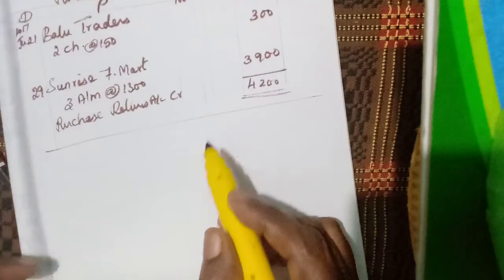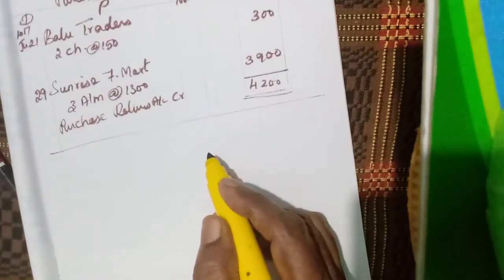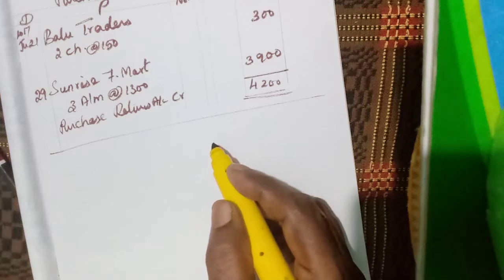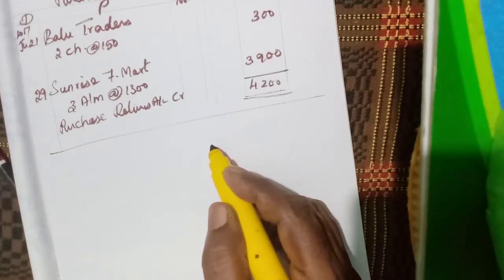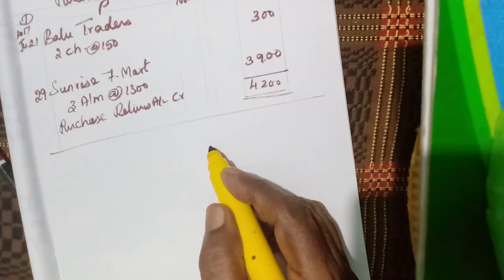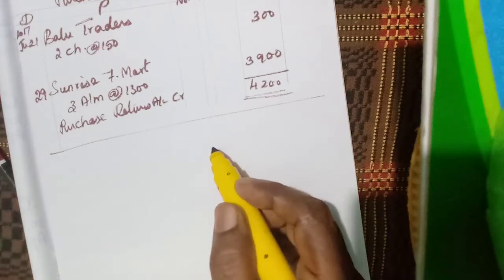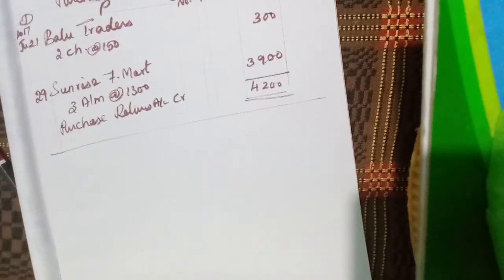So 2 books we have prepared. Now what is the question? We should read the problem. Prepare purchase day book and purchase returns book and post them into ledger accounts in the books of Robert Furniture Mart. So all the ledger accounts we need to prepare.